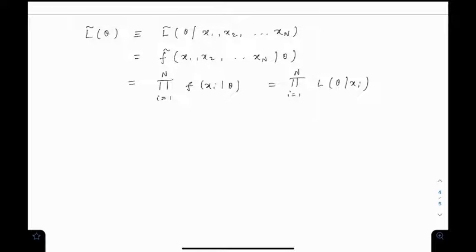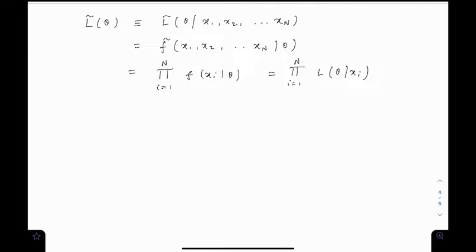When we have a sample of independent observations, usually it's convenient to consider the logarithm of the likelihood.